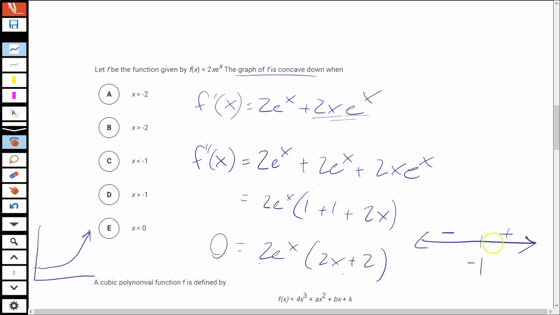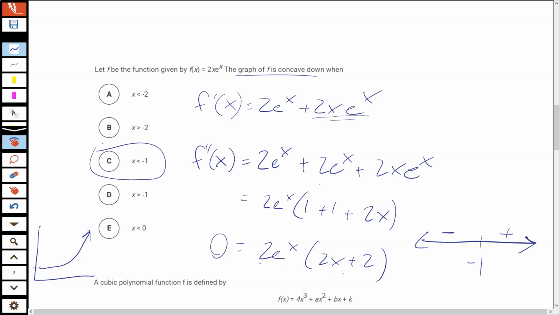To the right, my result is positive. So e to the x doesn't actually matter that much when we're talking about concavity here, as long as we're multiplying it by something else, because it's always positive. So we want the graph to be concave down. That's where x is less than -1. So let's find that. x is less than -1 is what we want. Okay.